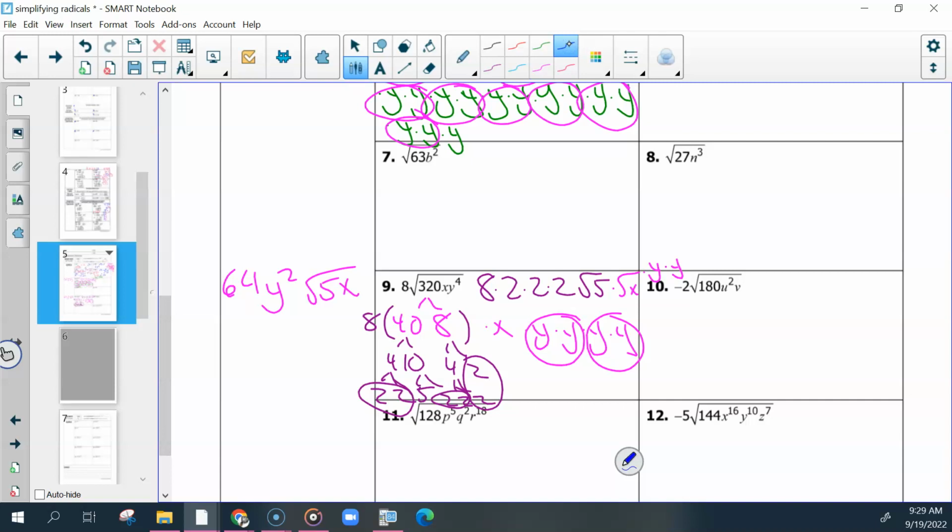Alright. For 27, is 27 a perfect square? Yes. The square root of 27 is 3. I'm sorry. You're thinking perfect cube. It would be a perfect cube.